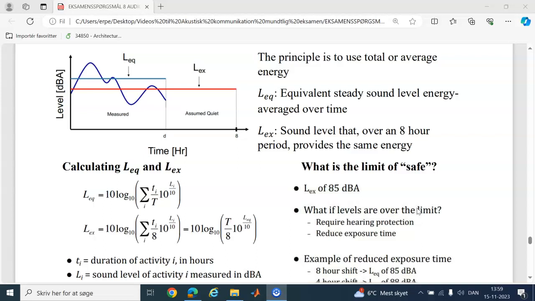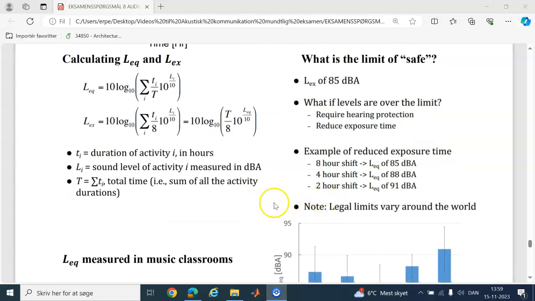LEQ is 10 times the logarithm of the sum of Ti divided by T times 10 raised to Li divided by 10. And LEX is almost the same. Here is big T of 8. So they are common, familiar expressions, and the last one can be written in another way.